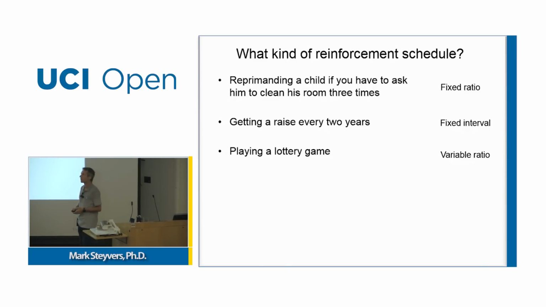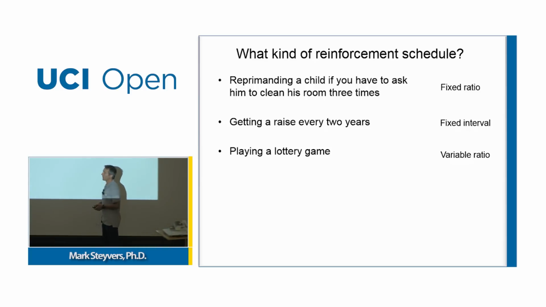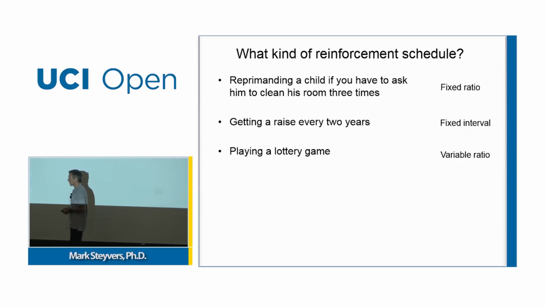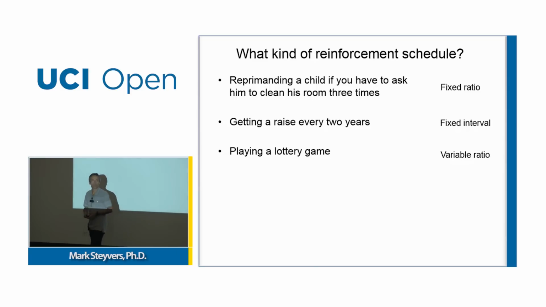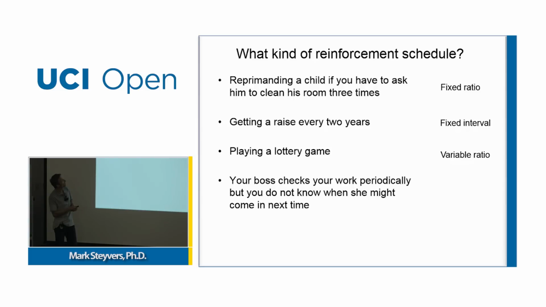Variable ratio reinforcement schedules, it's quite amazing how strong they can be to induce learning. So they can be good or bad. In terms of lottery games, this kind of reinforcement is a powerful incentive for people to play games, even though there's actually not much control they have over the outcome.